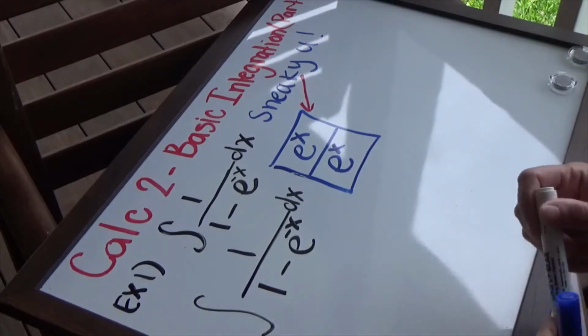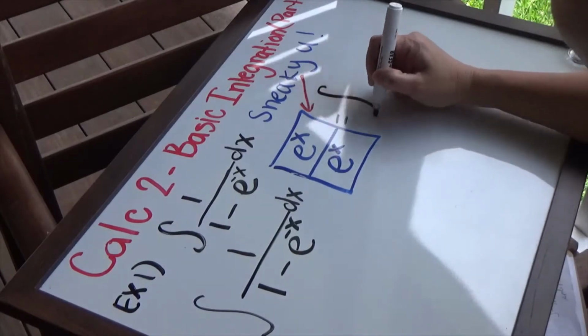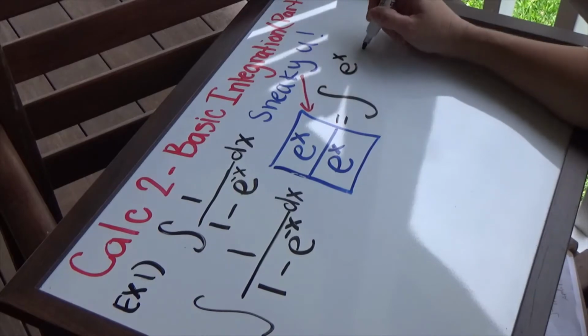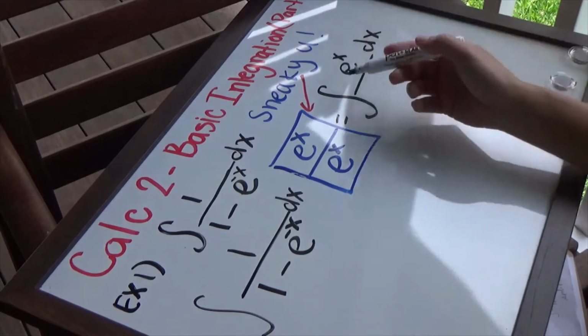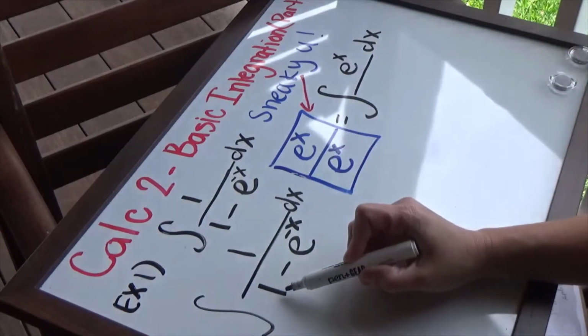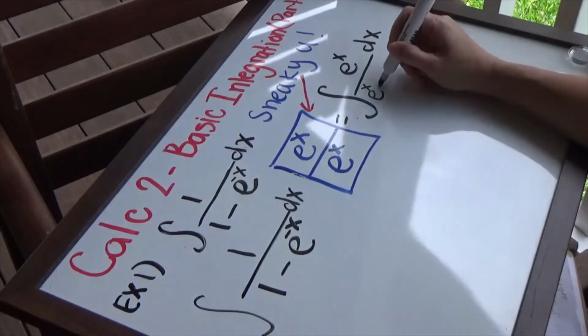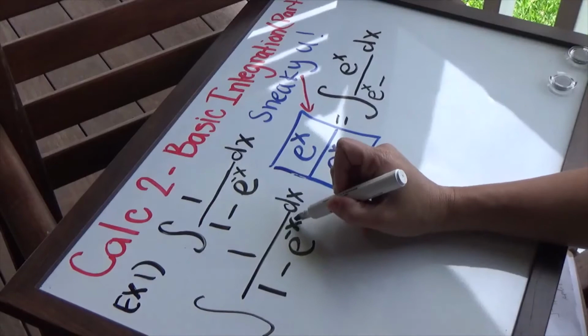When I do that, I have this become the integration of e to the x on top, okay? And on the denominator, e to the x times 1 is e to the x, minus e to the x multiplied by e to the negative x.